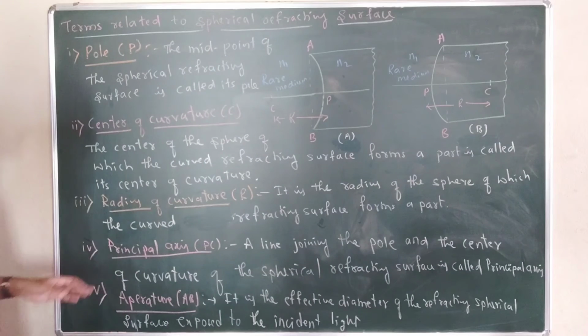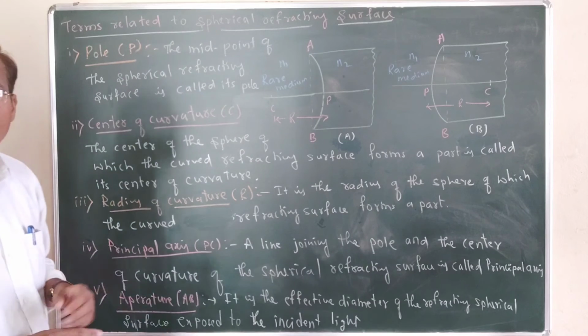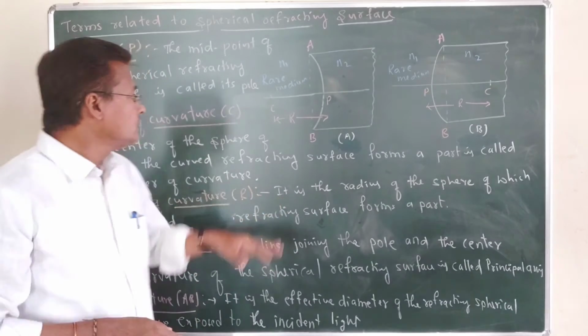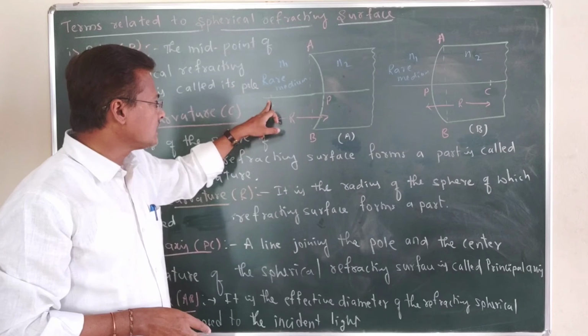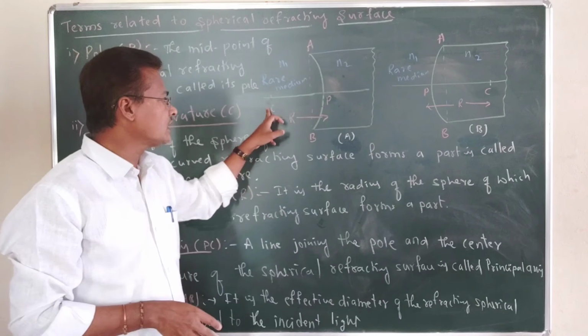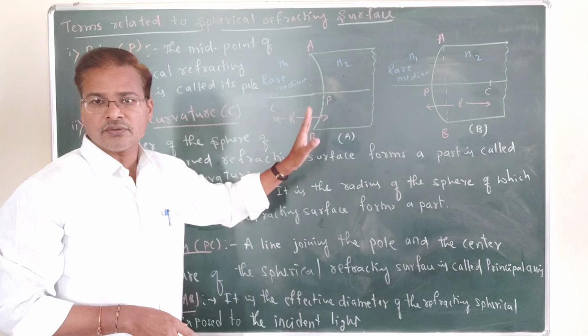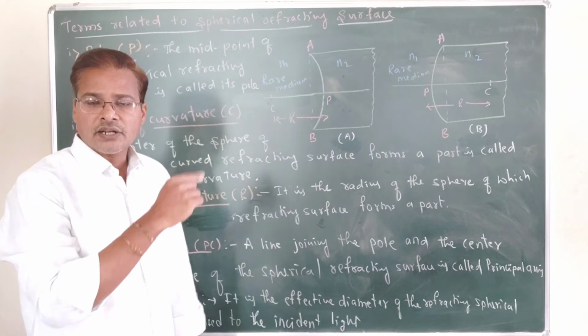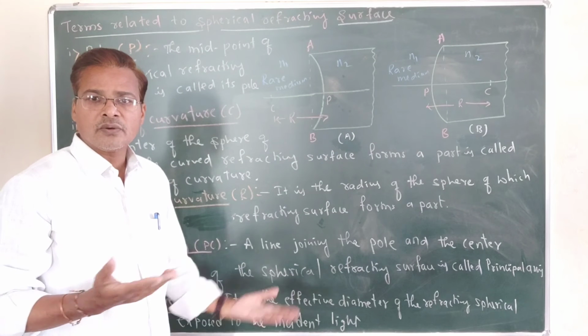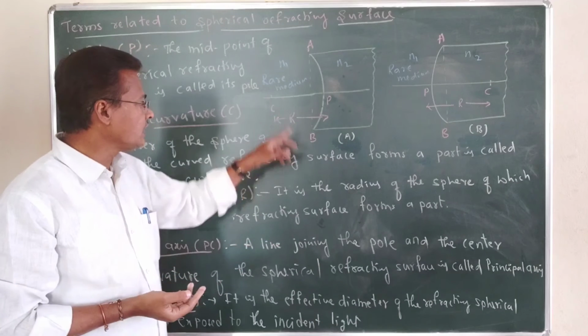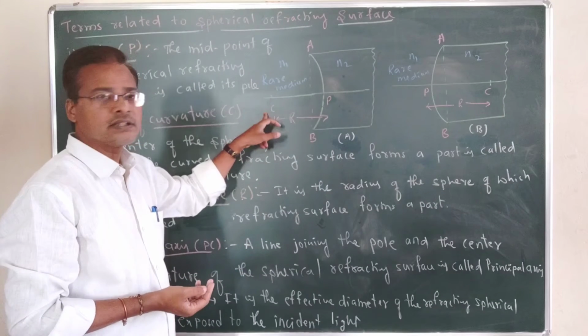Now, the principal axis. The line which passes through the center of curvature and the pole, that is PC, we call the principal axis. So it is a line joining the pole and the center of curvature.